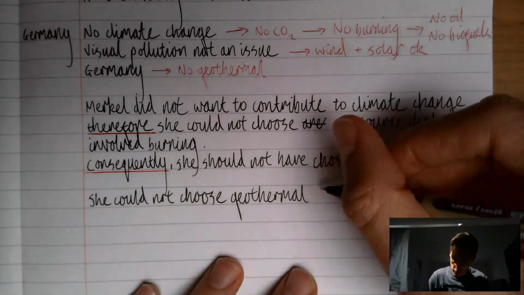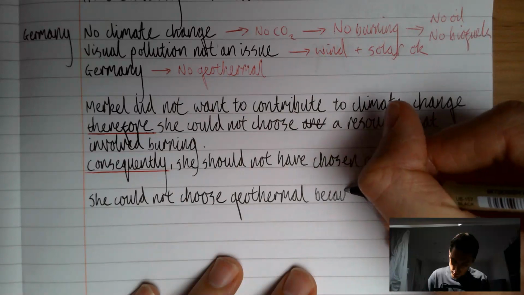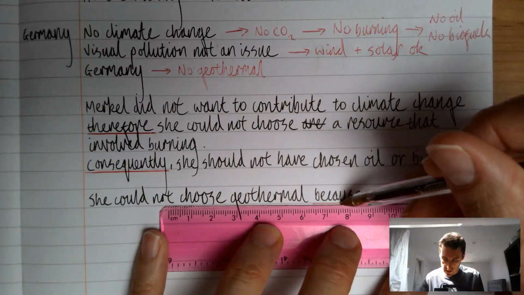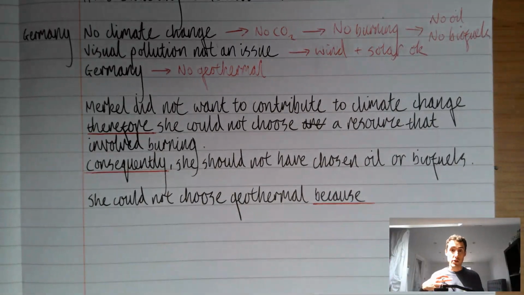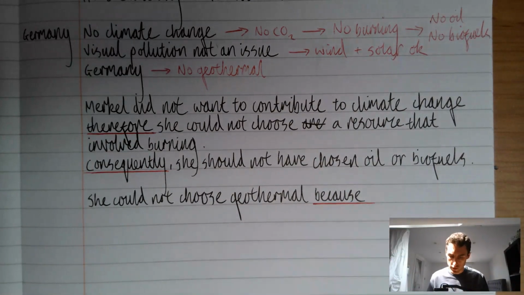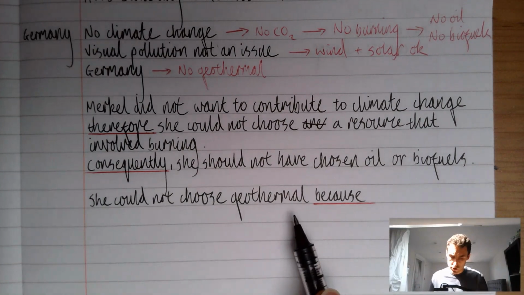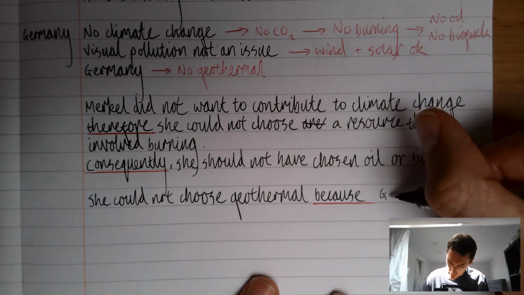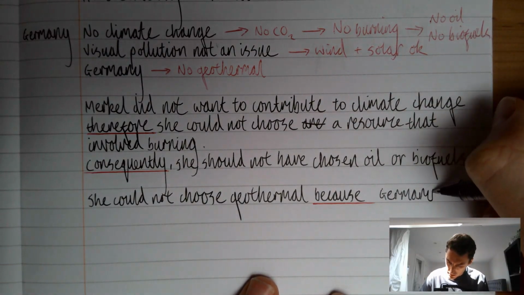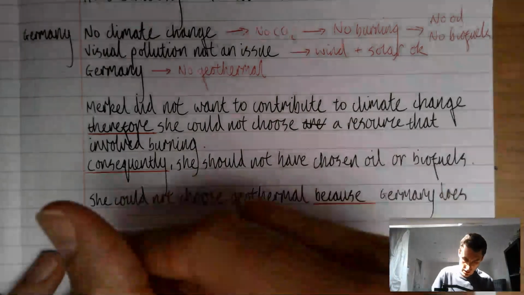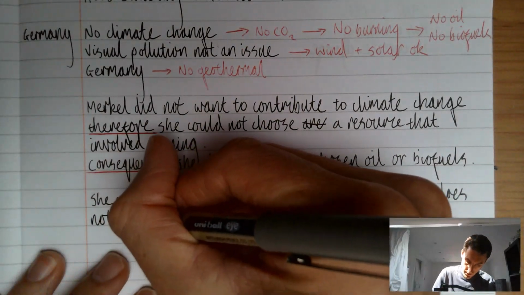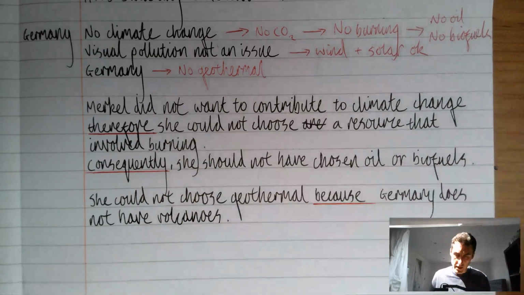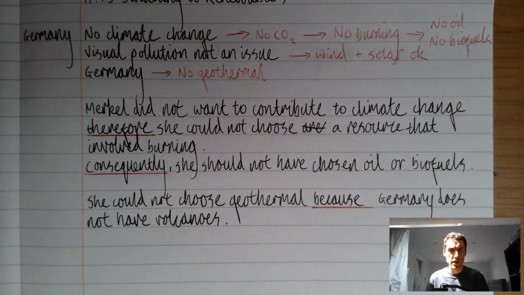She could not choose geothermal because, and you can emphasize to students, the order in which you put their ideas in terms of cause and effect affects whether you're going to use because or therefore, or an equivalent word to either. So she could not choose geothermal because Germany does not have geothermal, or even better, Germany does not have volcanoes. So geothermal isn't really available there.